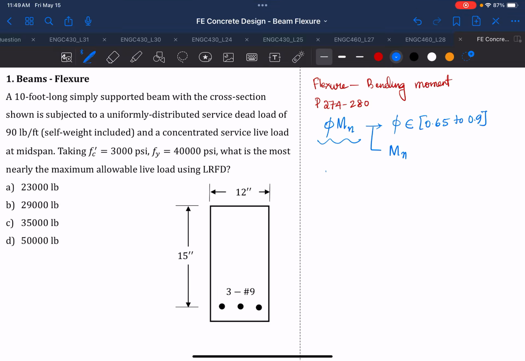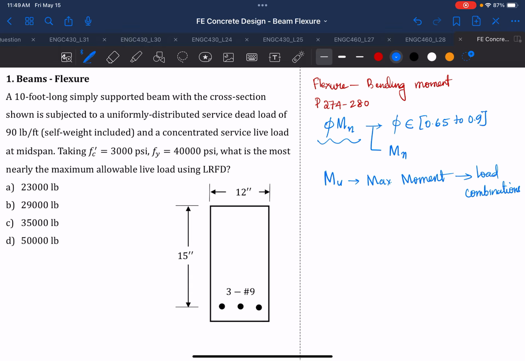Once you have your design moment capacity, which is the strength provided by the material, we also need to know what we are designing for. That means we need to know our demand, and by demand I mean your factored moment. This factored moment corresponds to your maximum moment, which comes from your different load combinations.